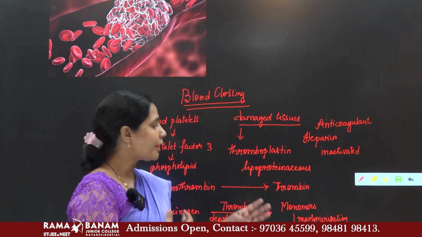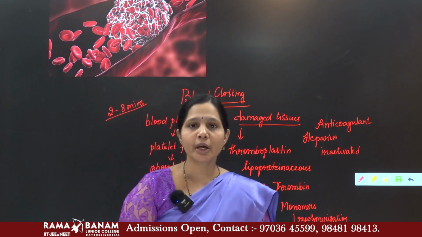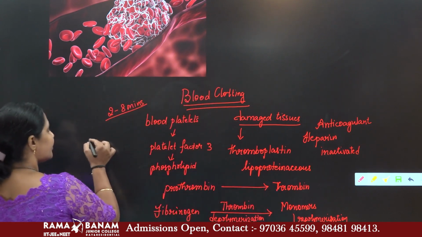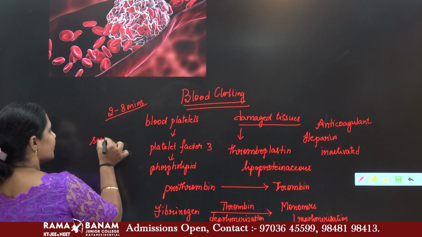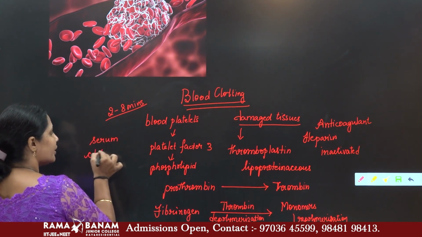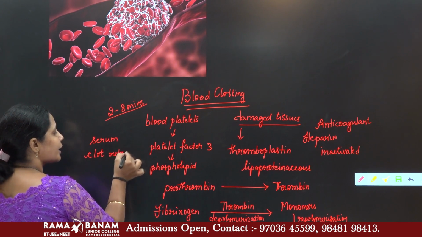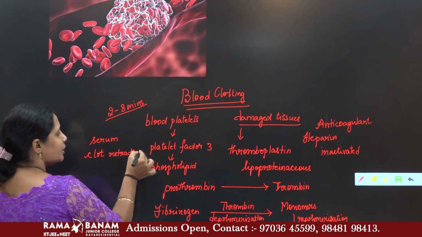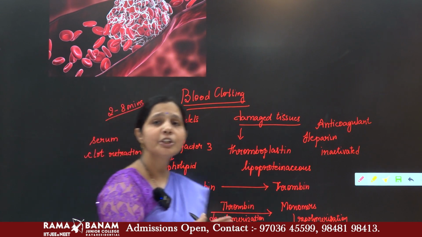So after the blood clot is formed, after some time the process that happens is the formation of serum, or what is known as clot retraction. The serum is a bit yellowish in color.